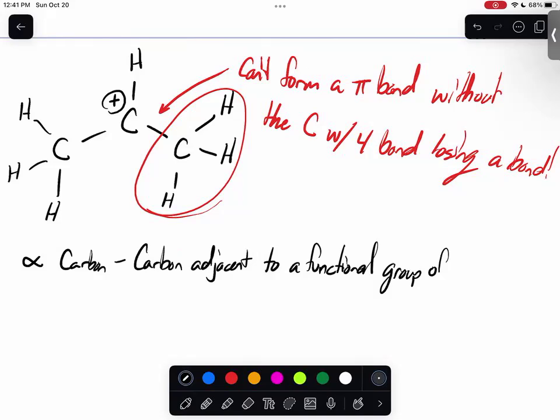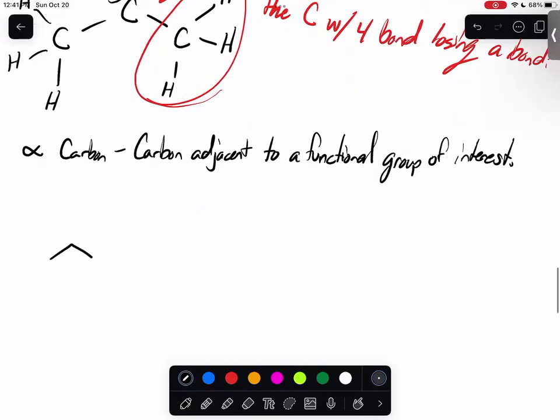So let's say we're looking at a carbocation and we have a chain here. The carbon that the carbocation is on is just called the carbocation carbon, right? Very simply, it's telling you what's there.